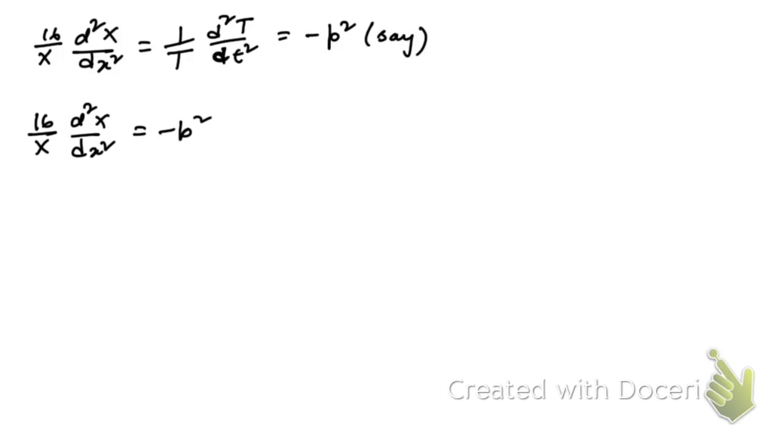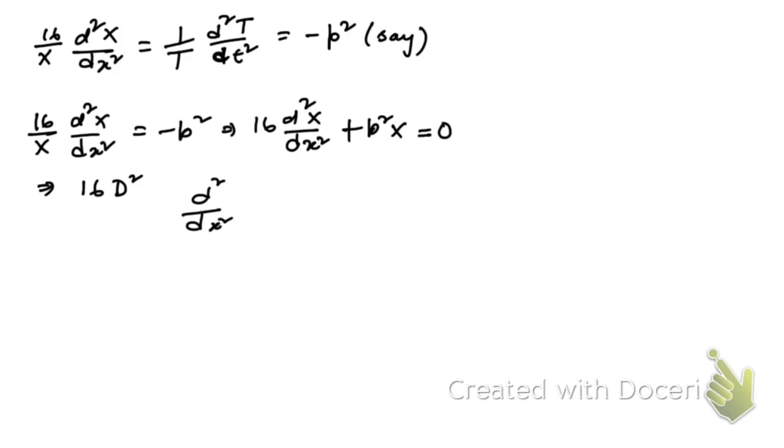If you simplify this, it implies 16 times the second order derivative of X with respect to x is minus p square into X. If you bring it to this side of the equal sign, it's going to be positive p square X equal to 0 on the other side, and it can be written this way: 16 D square represents this differential coefficient, and taking X in common, into X is equal to 0.